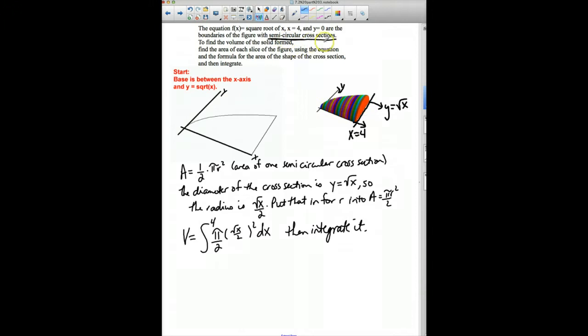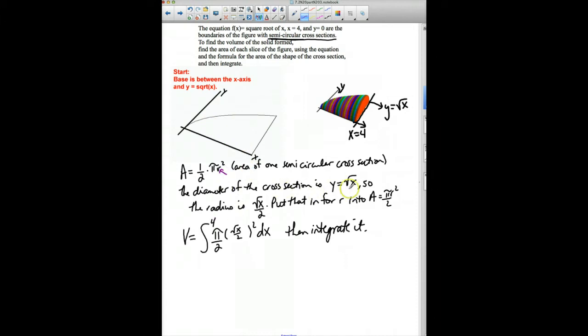The shape of our cross sections are semicircles. So the area of a semicircle is 1/2 pi r squared. That's where you start: you figure out the area formula for the type of cross section you have, and then you fill into this equation something that's based on your region.